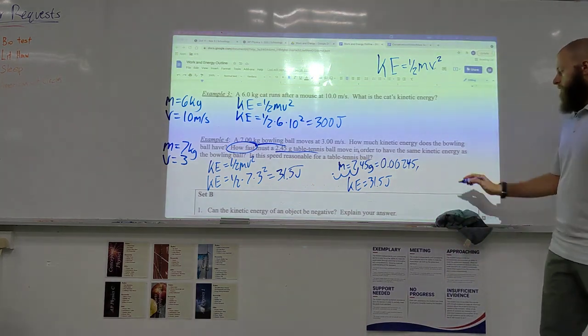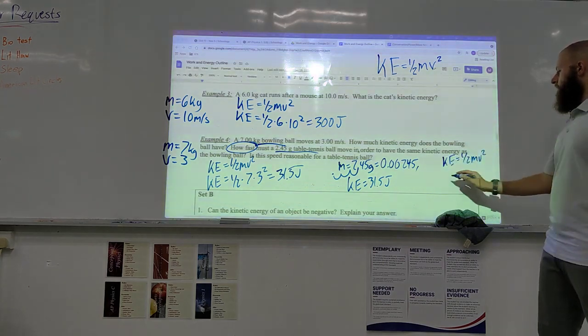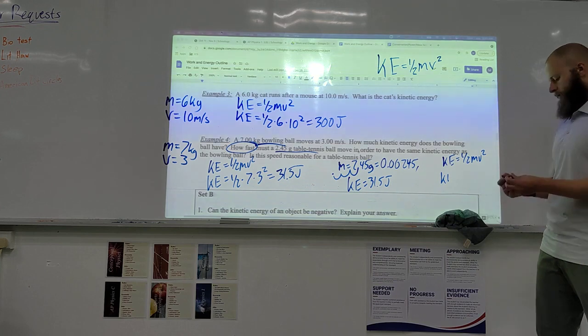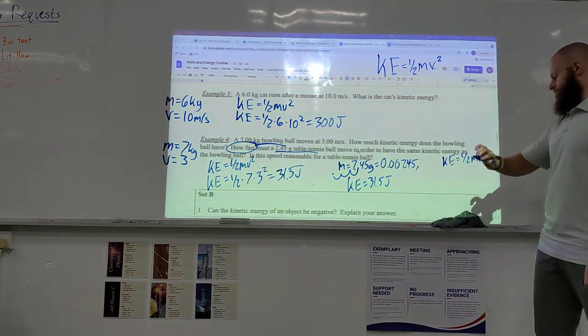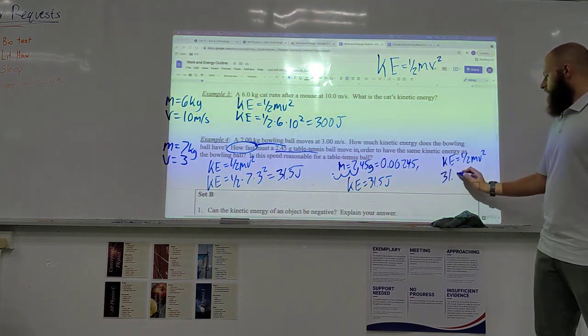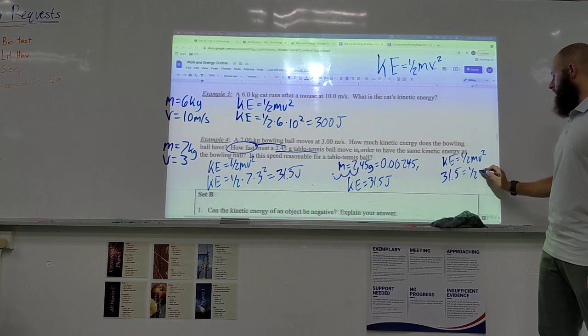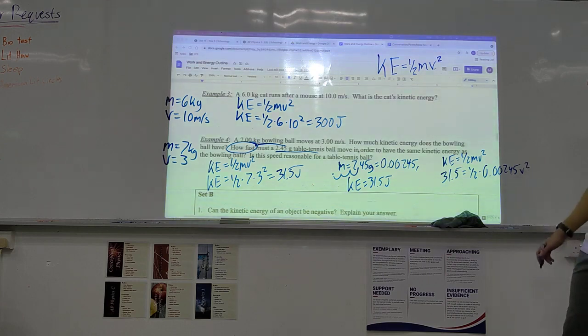So let's write down our formula. KE equals 1/2 mv squared. So we have 31.5 equals 1/2 times mass, which is 0.00245 v squared.